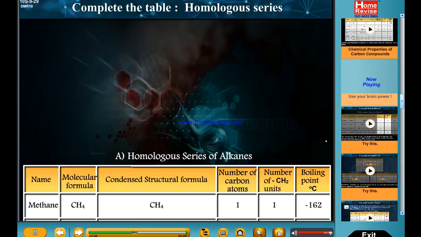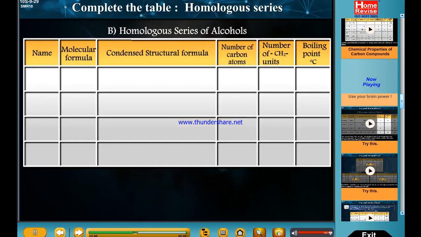Now let's have a look at the next table, B, homologous series of alcohols. We have the name, molecular formula, condensed structural formula, number of carbon atoms, number of CH2 units, and boiling point in degrees Celsius.